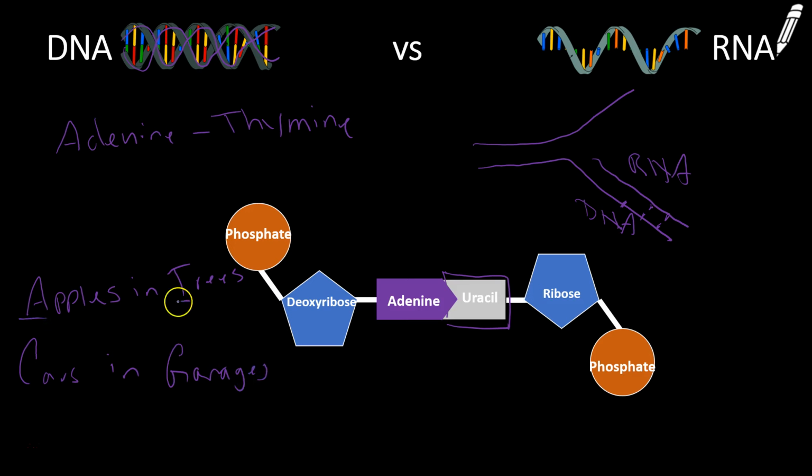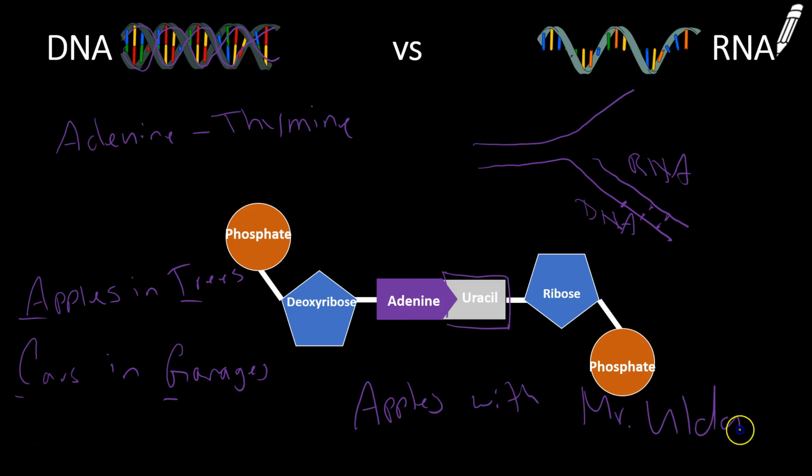Adenine and thymine, cytosine and guanine. We could still use a mnemonic for this. Instead, it's going to be apples with Mr. Udall. A pairs with U. Apples with Udall. Just use that to remember adenine in DNA is going to pair with uracil in RNA.